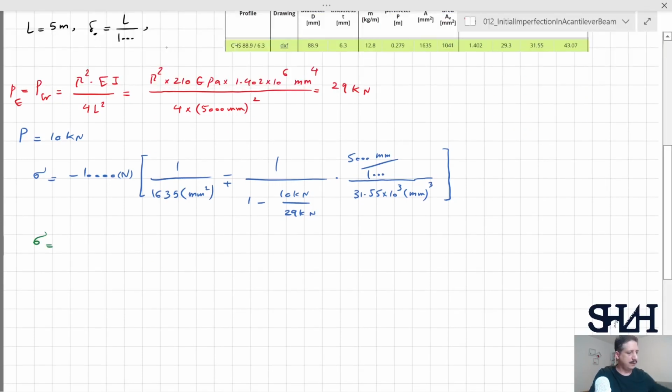So sigma will be minus 6.12 plus minus 2.42. It will be minus 8.54 megapascal, and the other one will be minus 6.12 plus 2.42, which is minus 3.72.